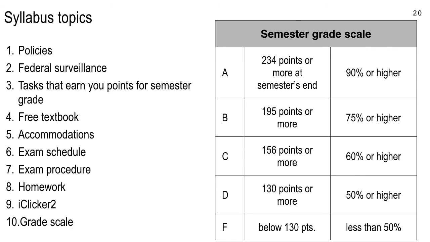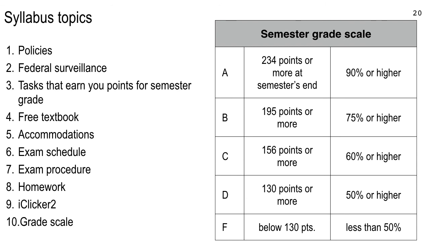All right? Question over here. So if I get 194 points, I still have a C? That's correct. The question was, if I get 194 points, I still have a C? That's correct. Okay? You've got to get the pointage. Now, that B is a pretty generous B from what I hear. 75%.